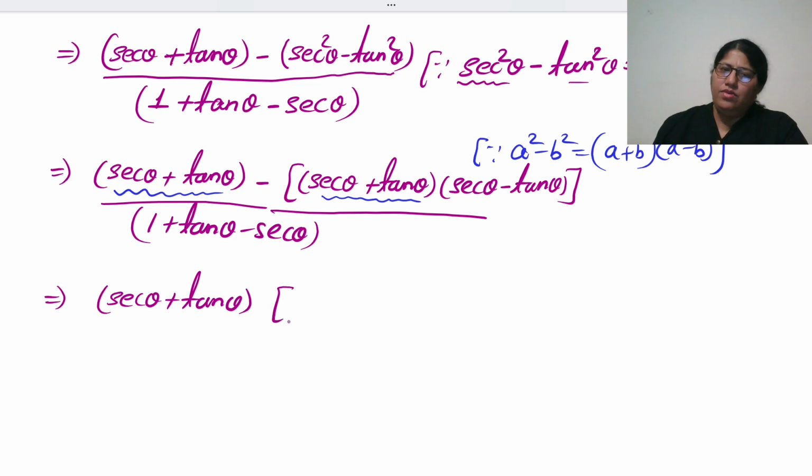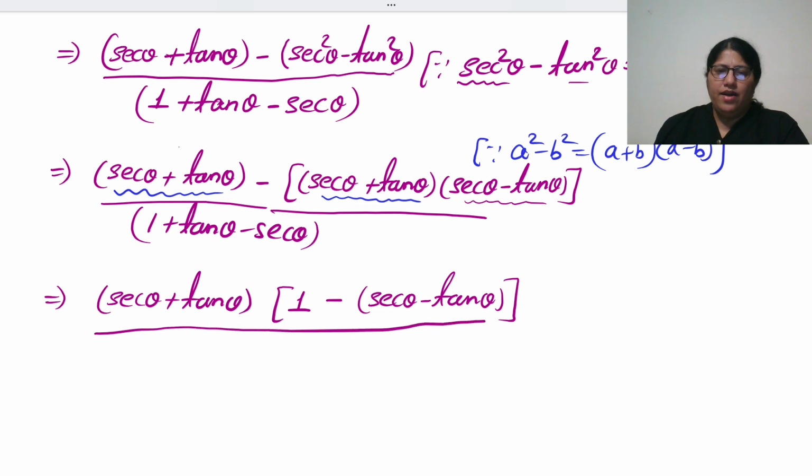So that factor you take outside. In the first place, what will be left? 1 minus what is left here, this term sec theta minus tan theta. So you'll write here sec theta minus tan theta, right, and close the bracket. Make sure when you're doing the factorization you use brackets, otherwise you'll go wrong with the sign.